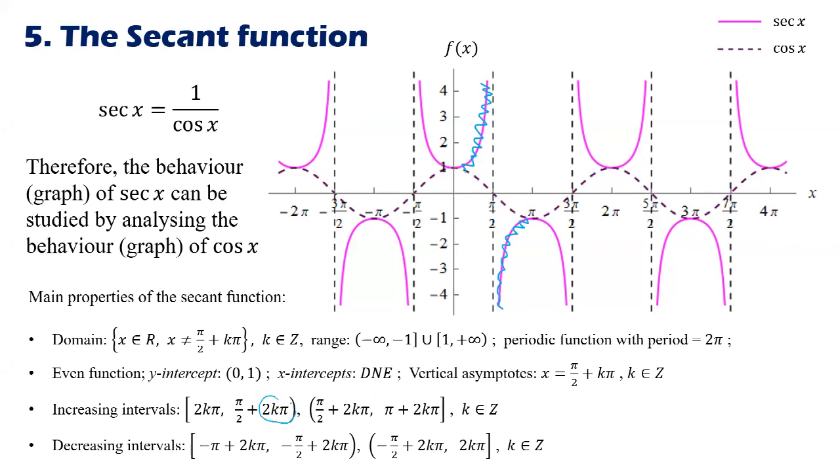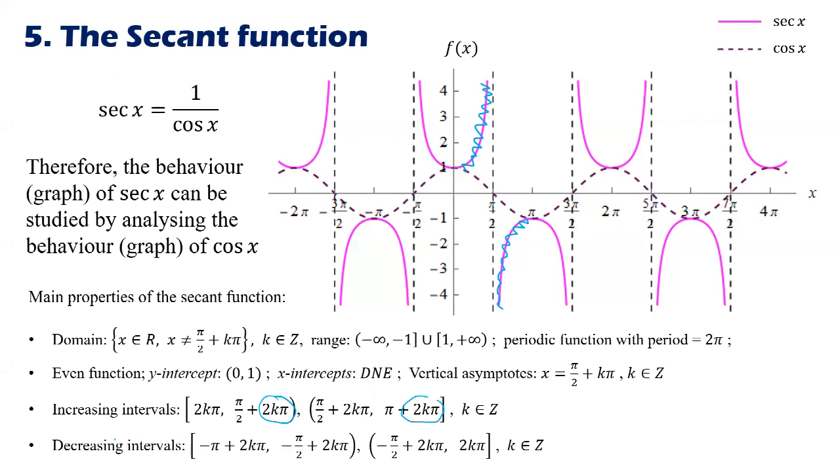The reason why we add plus 2k pi is because it is a periodic function, right? So once you have found one of the increasing intervals, you can simply put positive 2k pi after the lower limit and the upper limit to expand it to other cycles.